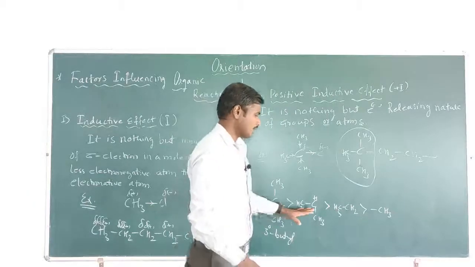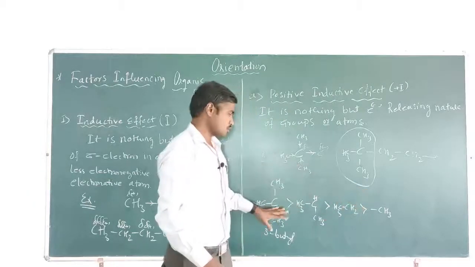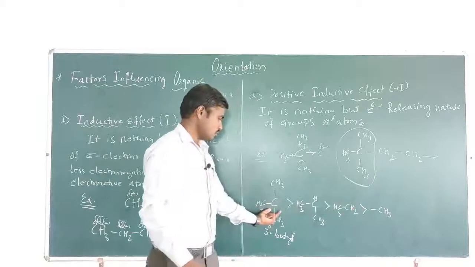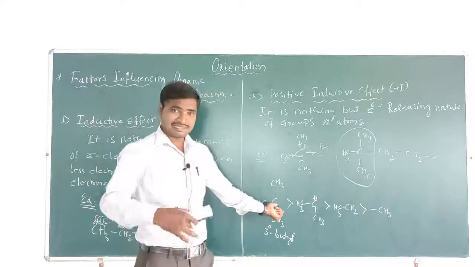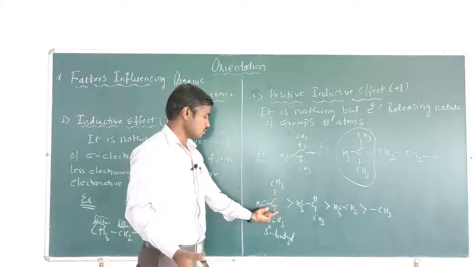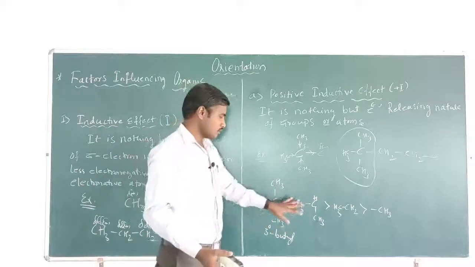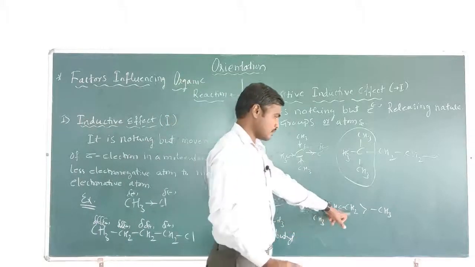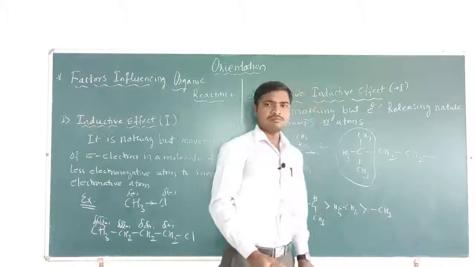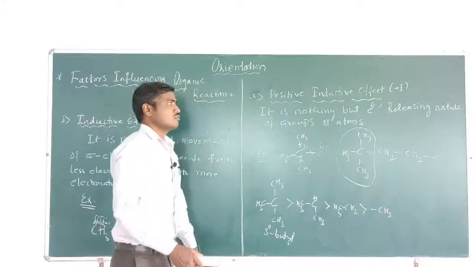The electron releasing nature of the groups goes on decreasing: tertiary butyl shows a higher plus I effect than isopropyl, than ethyl, than methyl.